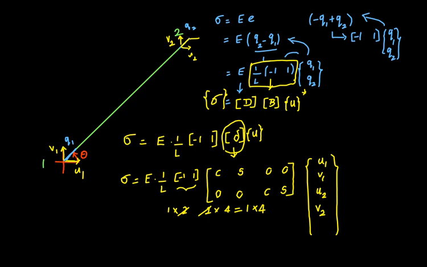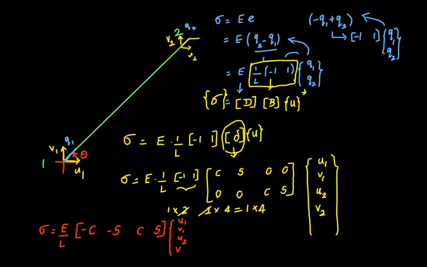So sigma is equal to capital E divided by L. The first row into first column, you're going to get minus C. The first row into second column, you're going to get minus S. The first row into third column, you're going to get C. The first row into fourth column, you're going to get S. Followed by U1, V1, U2, V2.